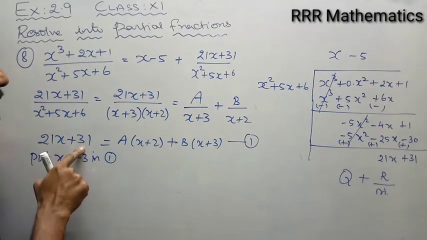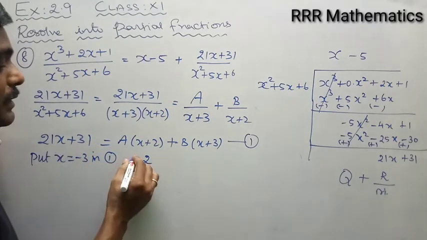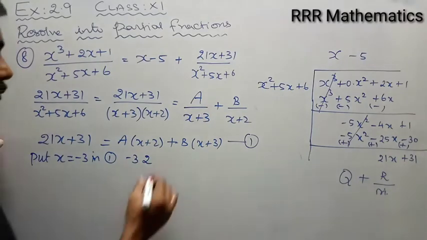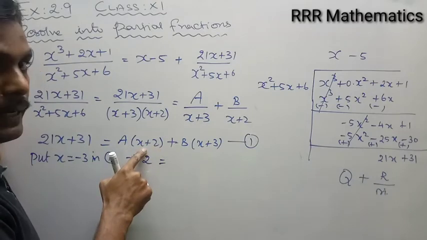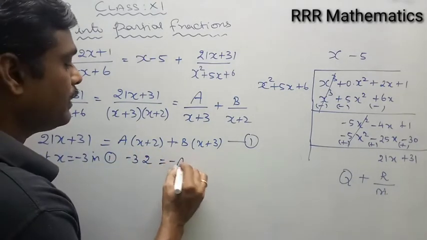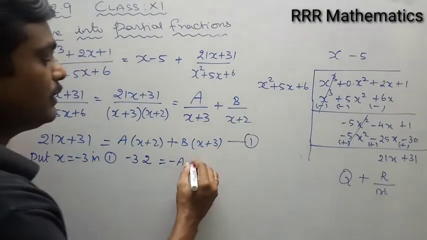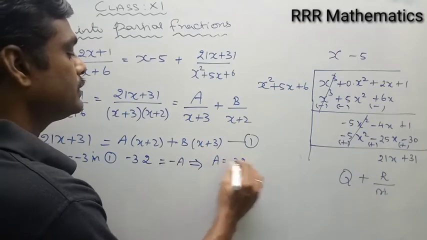Minus 63 plus 31 gives minus 32, which is equal to: put minus 3 here, 2 minus 3 is minus 1. Minus 1 into a, minus a. When you put minus 3, the x plus 3 term gets cancelled. So what is the value of a? Minus minus cancel. A equals 32.